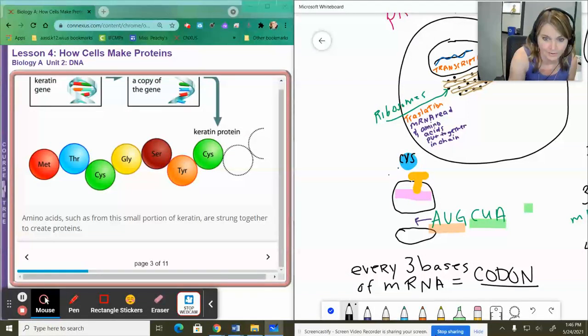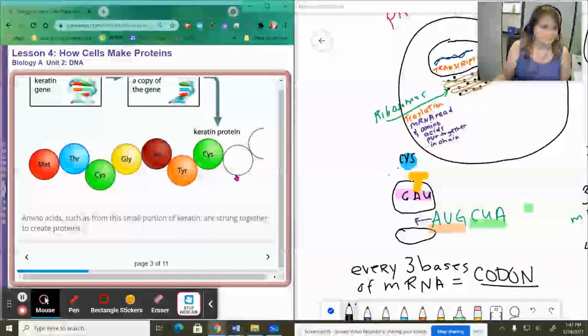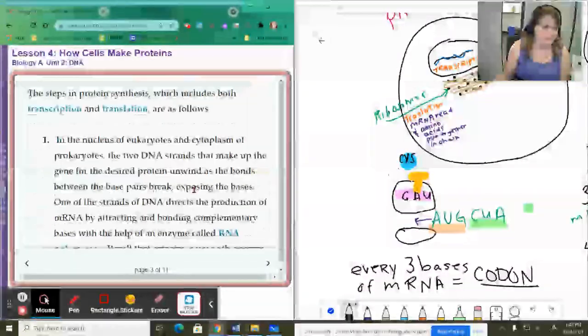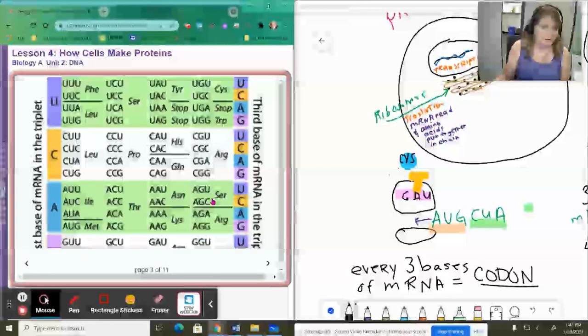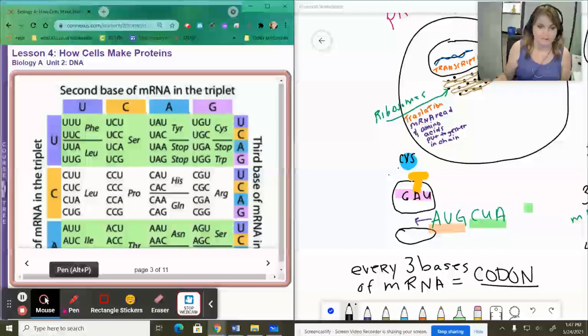So it will have G, A, U. That's how it knows that it matches the next one. And it will leave behind another amino acid. Let's see what it is, because I don't know all these off the top of my head. Leucine.